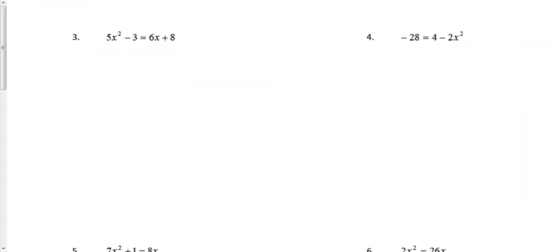Looking at number 3, we're mentally going to keep track of our toolbox, by the way. So up in the upper left corner, let's just make a list of the 3 tools.